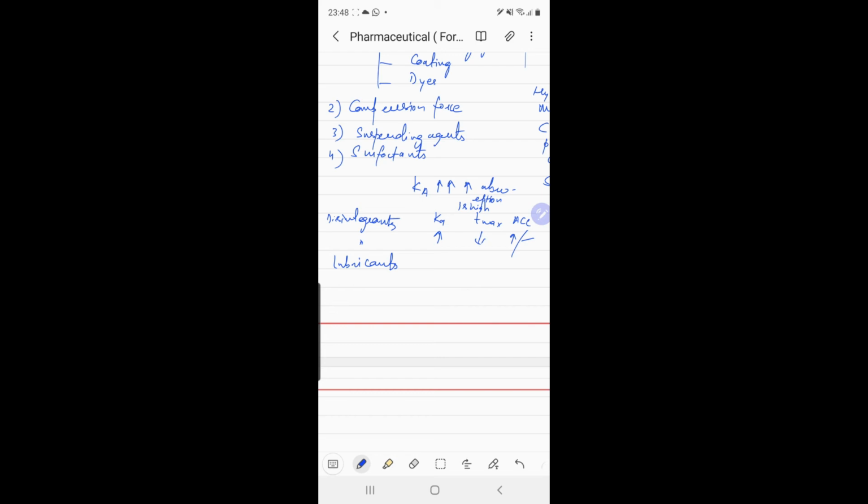However, if a lubricant like hydrogenated vegetable oil or magnesium stearate is used, then Ka may get reduced. Absorption is slow, then Tmax may get increased. And if you look at the AUC, that will decrease in this case.